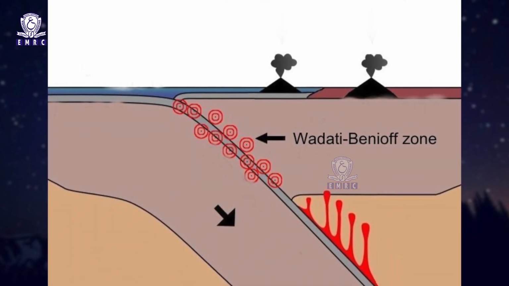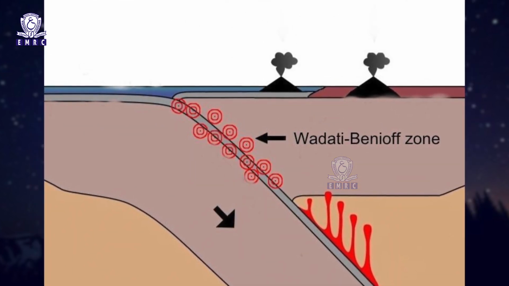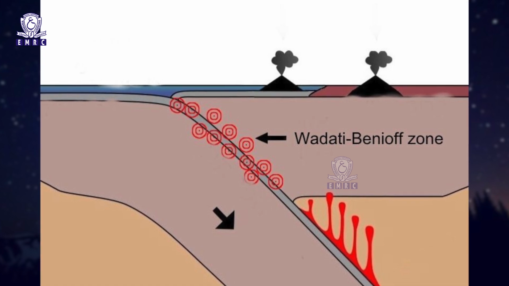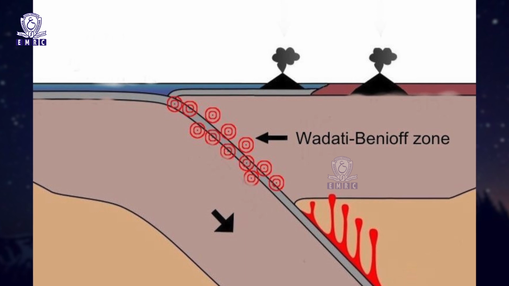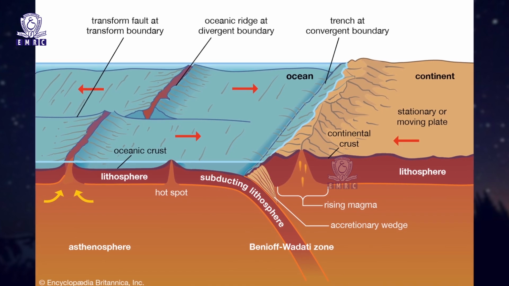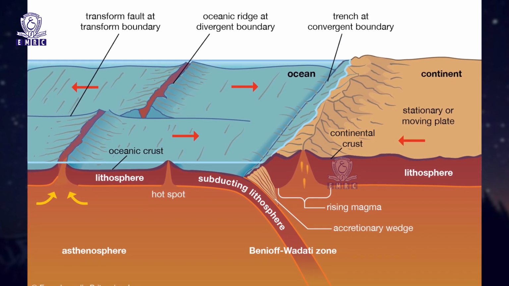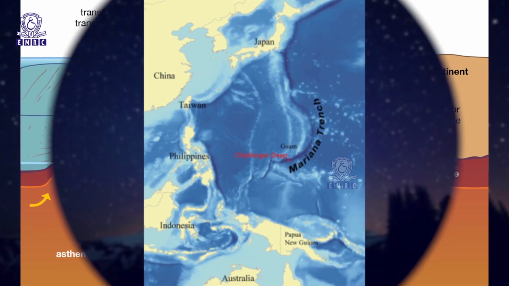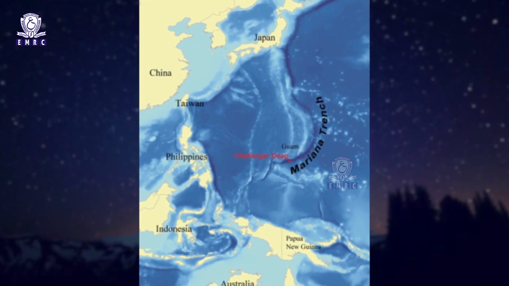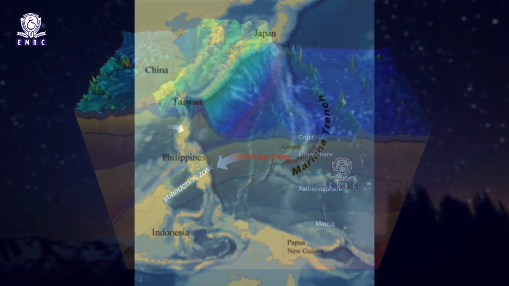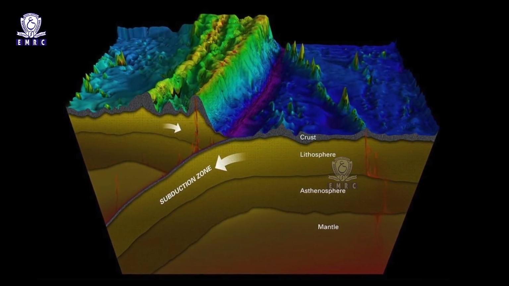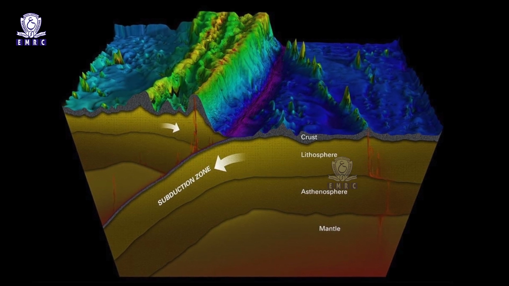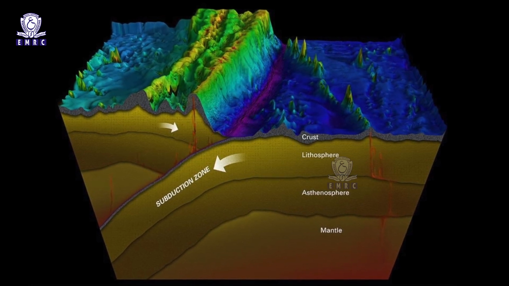The zone of deep focus earthquakes, that is at depths ranging between 300 to 700 kilometers, is called the Benioff zone. The Benioff zones are mostly located along the deep sea trenches. For example, the Marianas Trench, the Philippines Trench. At the ocean trenches, two plates approach each other and one slips under the margin of the other.